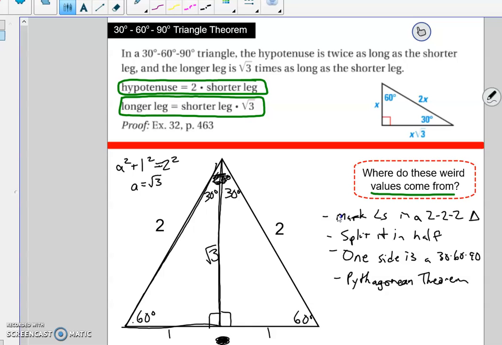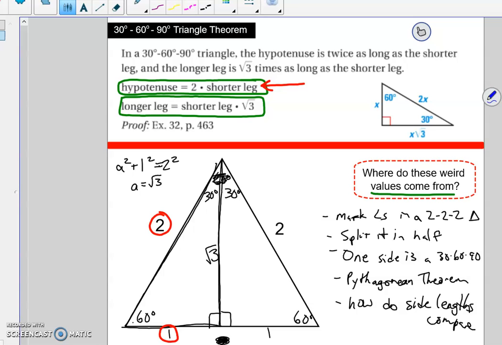So now I can think to myself, how do side lengths compare? Okay, so if I look at the hypotenuse and compare that to the shorter leg, it's twice as long as the shorter leg, isn't it? Well, that's what this says. The hypotenuse is 2 times the shorter leg.